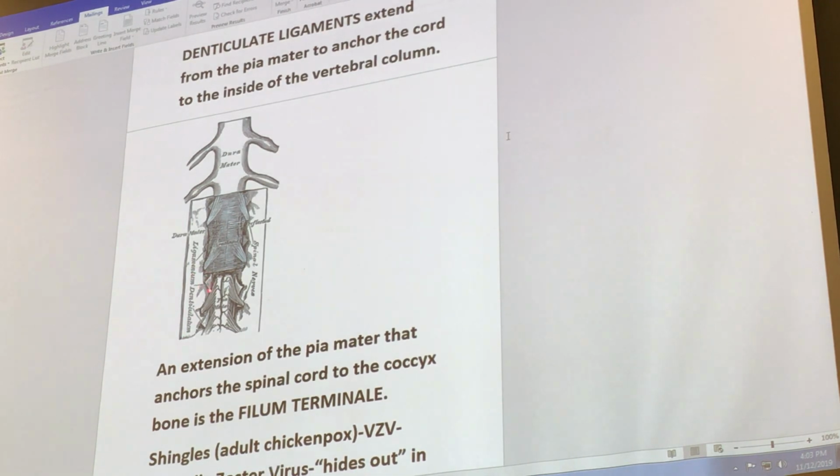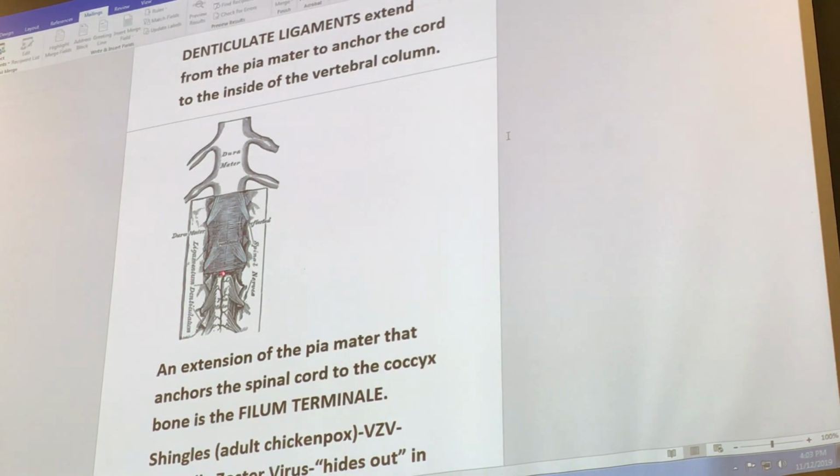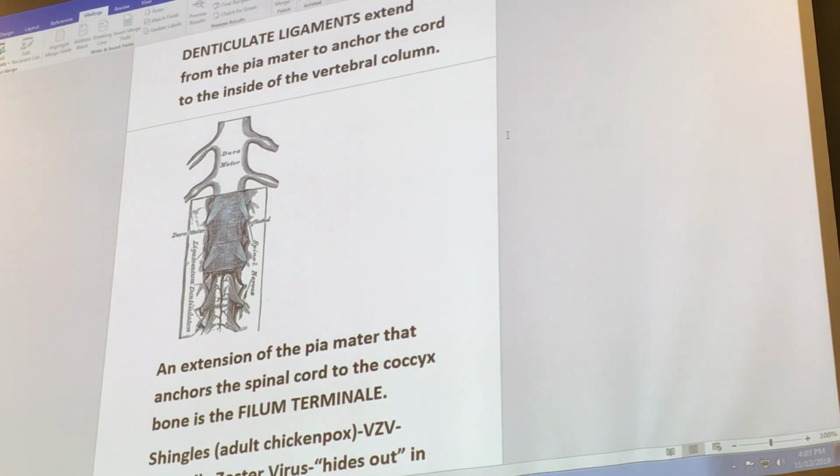So each one of these little triangular guys, there, and up there, and down here, and this one you can't see, and up there, and you can't see the others here, they didn't draw it in. But they're sticking out, and they're anchoring the cord to the walls of the vertebral column. They're part of this pia mater that's stuck right to the cord, and they're extensions, or thickenings, of the pia mater that come out and help to anchor.